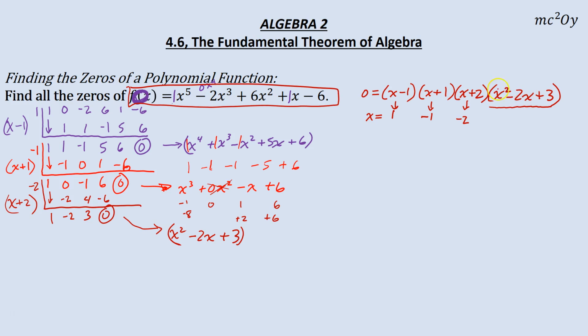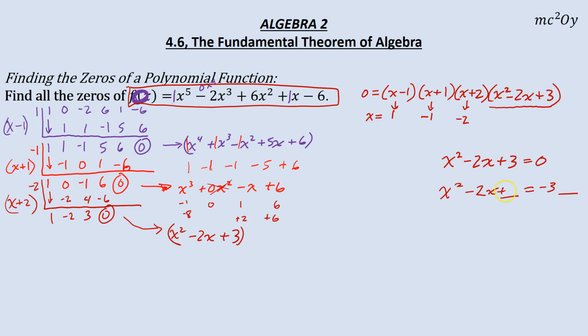So I think I'm going to do completing the square. Okay, so I'm going to take that quadratic, x squared minus 2x plus 3, and set it equal to 0. The method I use, I bring the 3 over to the other side, and I leave a gap right here.